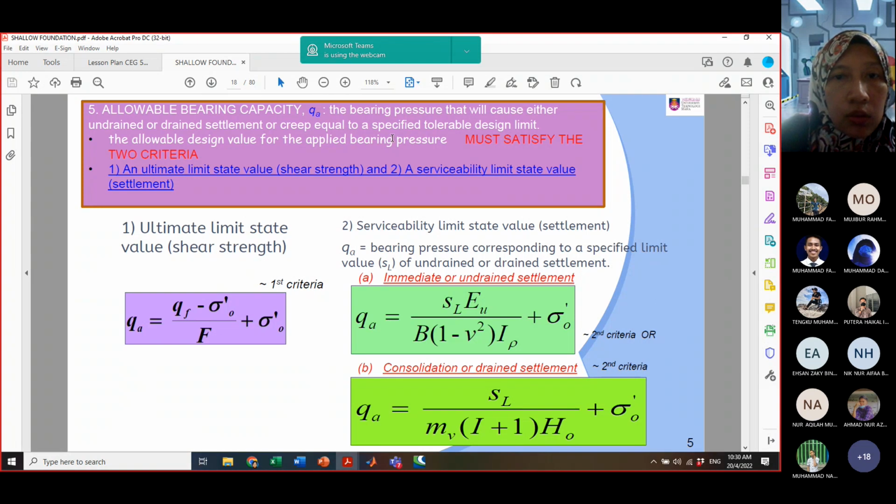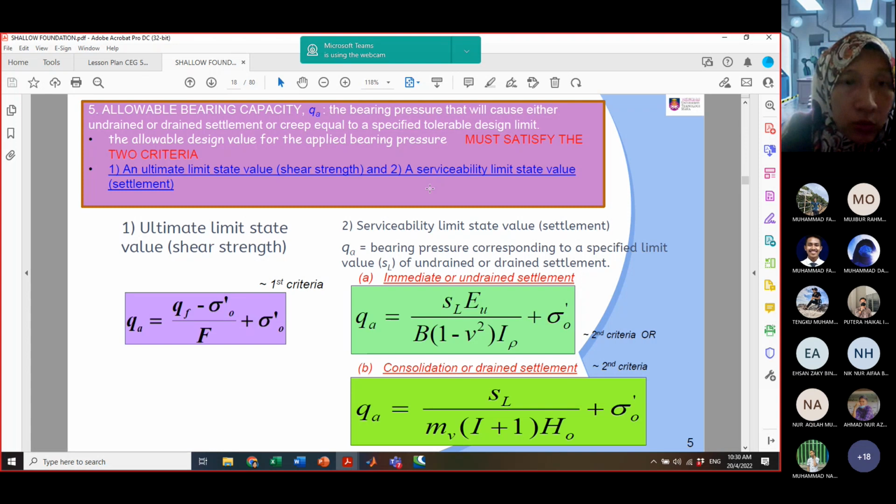It is the bearing pressure that will cause either undrained or drained settlement or creep equal to a specified tolerable design limit. Just now in the early lecture, I showed you the tolerable limiting settlement for some kinds of footing on sand and footing on clay. So that gives some idea of how we can use it to design.